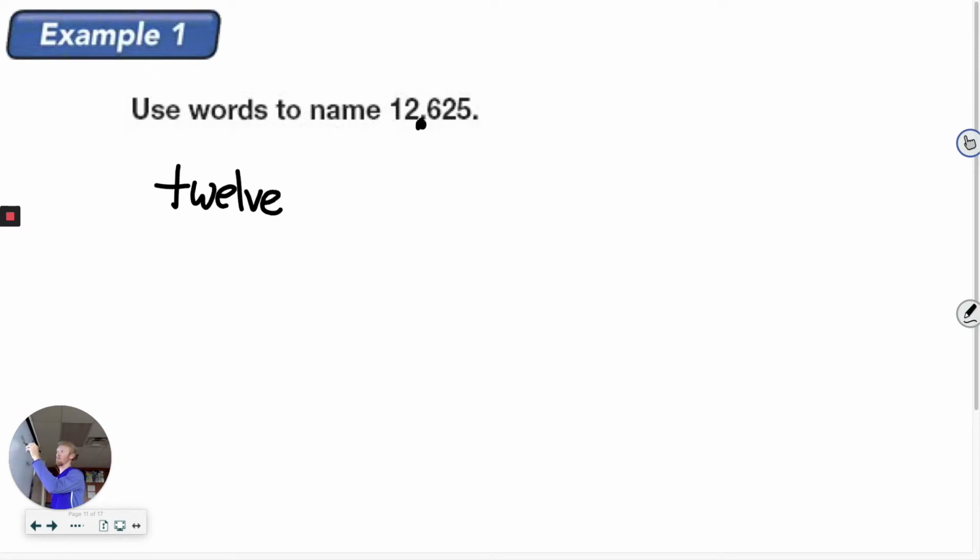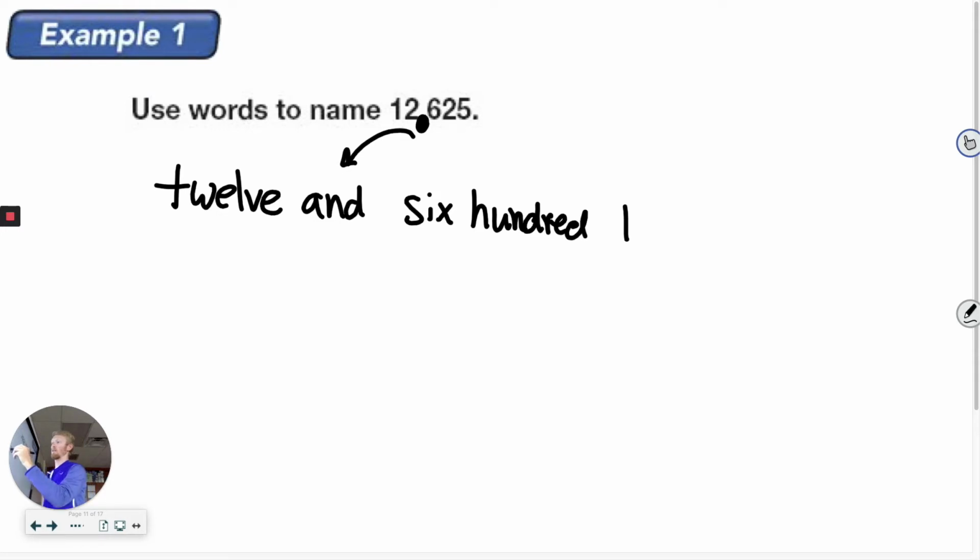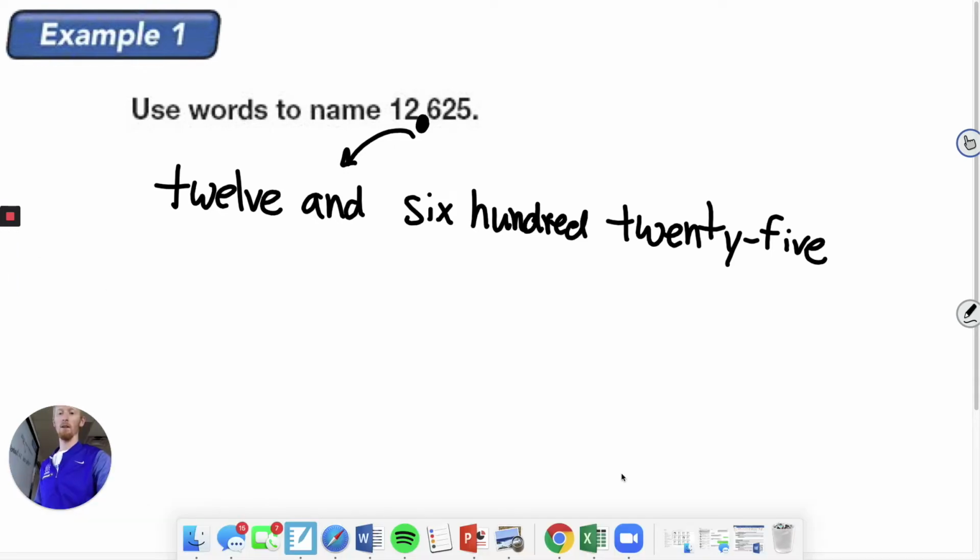This decimal point here always is translated to "and." 12 and 625, not done yet.